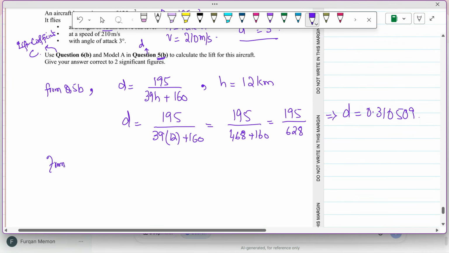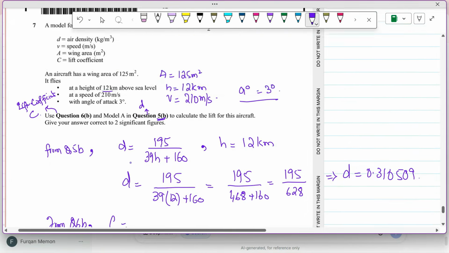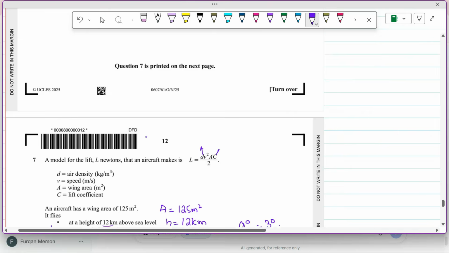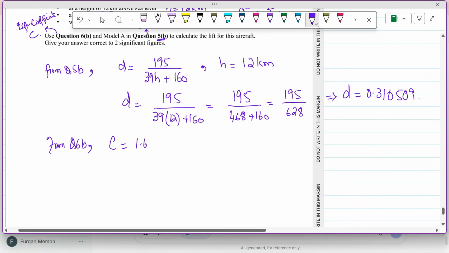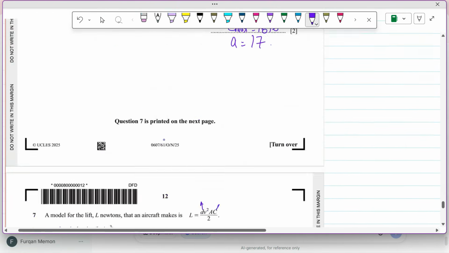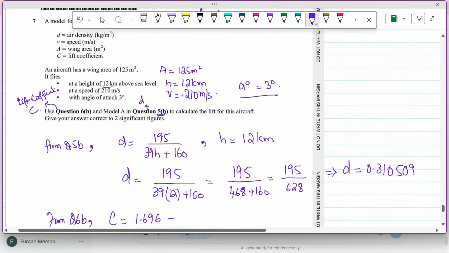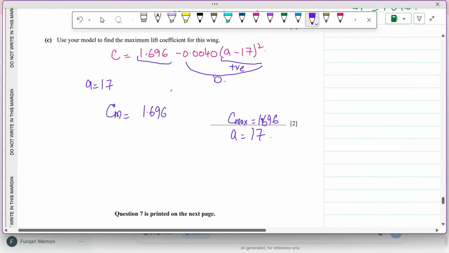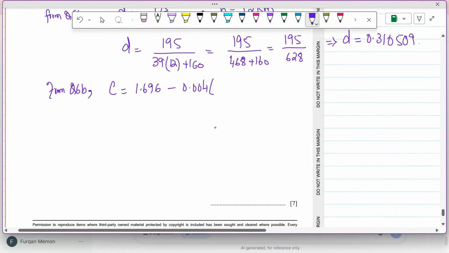Okay. Now we need to find the lift coefficient from question number 6b. From question number 6b, we calculated the lift coefficient, which was 1.696 minus 0.004 times (a minus 17) whole square.